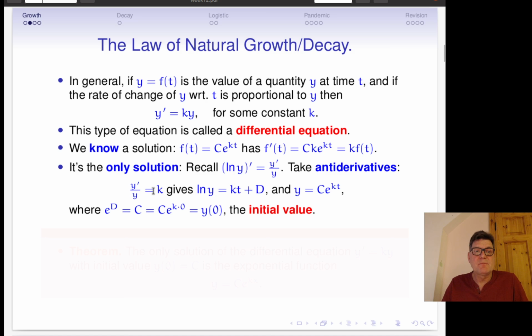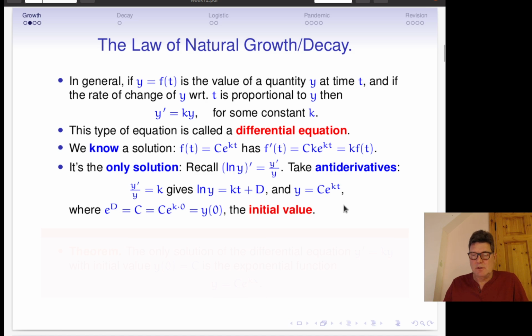So we've replaced both sides here by their antiderivatives, and then if we apply the exponential function to solve this for y, we get y equal to e to the power k times t times e to the power d, where I abbreviate e to the d as c, and obviously this constant c is the value of y when t equals 0, the so-called initial value, y at time 0.